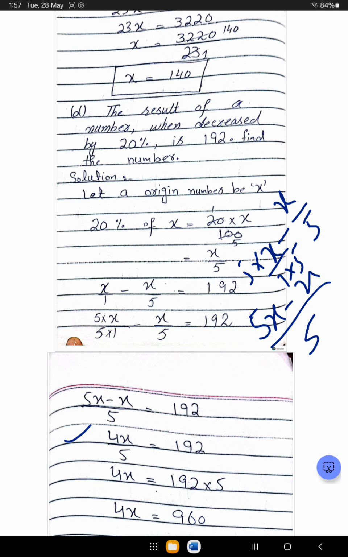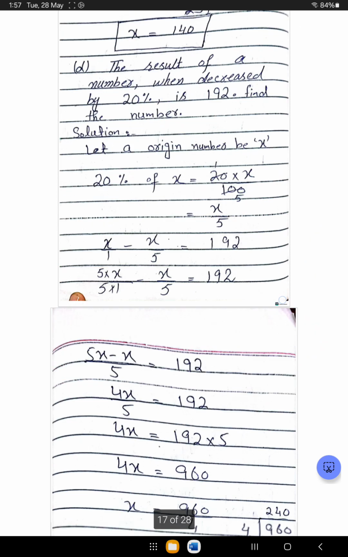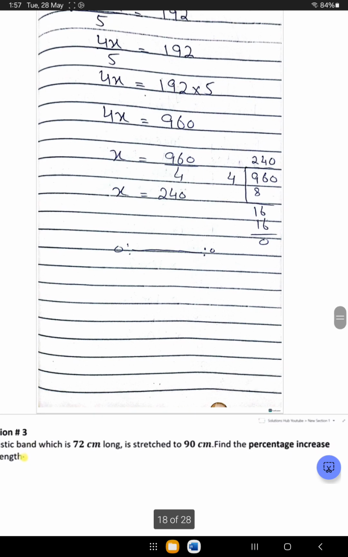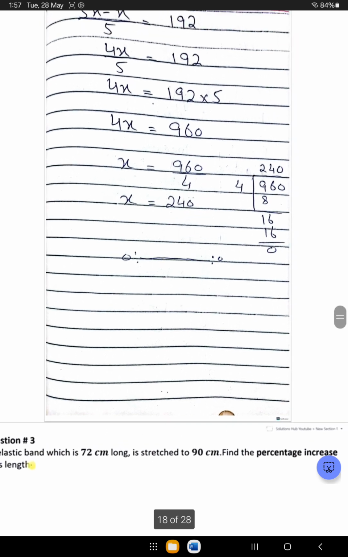Here 5 is multiplied by 192 when we move it to the other side in cross multiplication. 4x is equal to 960. 960 divided by 4 is 240, which is our required answer.